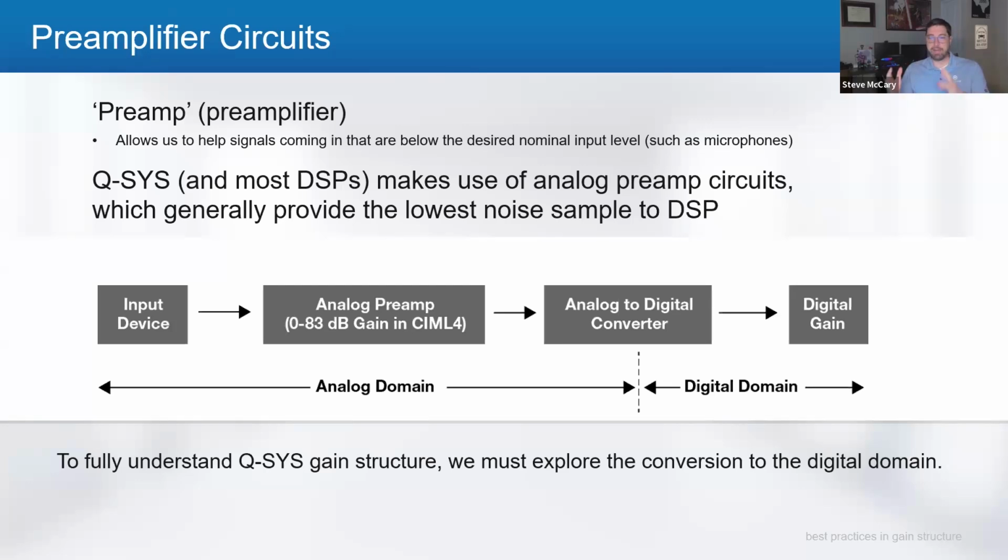This is where we first make the change from the analog signal into the digital domain. Now, once we have done that, we also have some digital gain that we can work with. So when you're setting up a Q-SYS input block, you will see some analog adjustments as well as some digital adjustments.